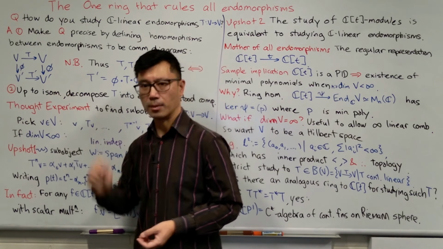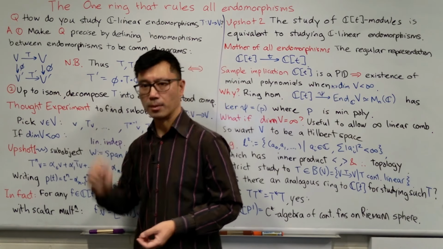If you think about this, this is also what's known as the C[t] module, which is the regular representation of C[t]. And if you know more module theory, then you know that you can apply a lot more theory here. So one of the things that we're talking about is that when you talk about modules, every module is a quotient of a free module, and a free module is just a direct sum of the regular representation.